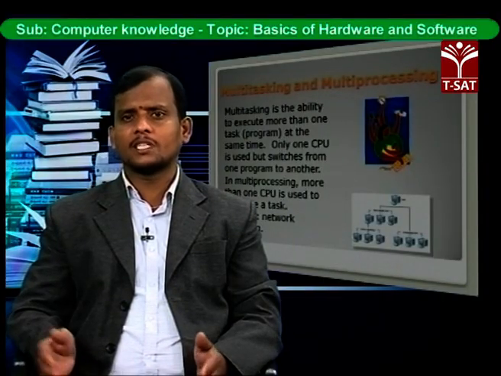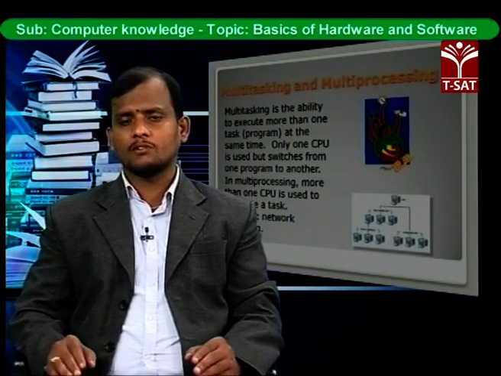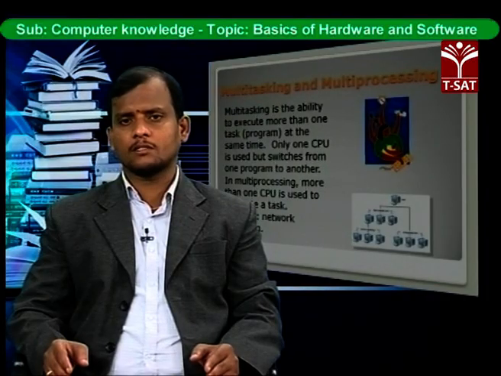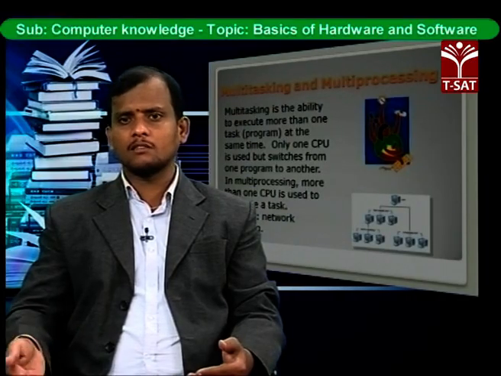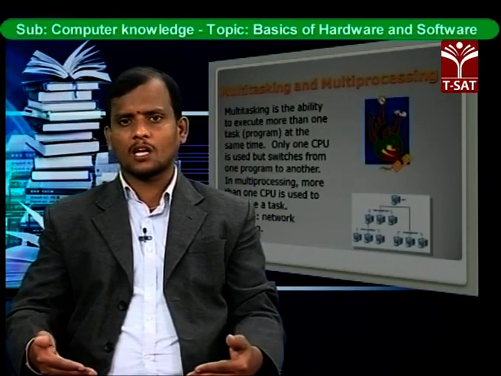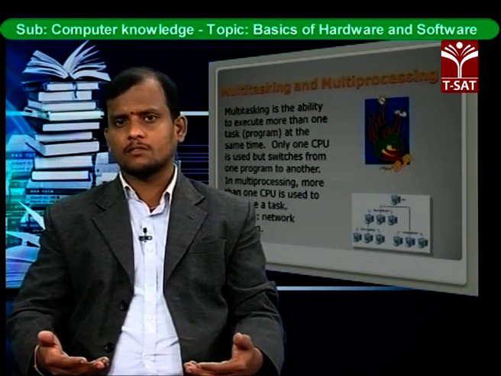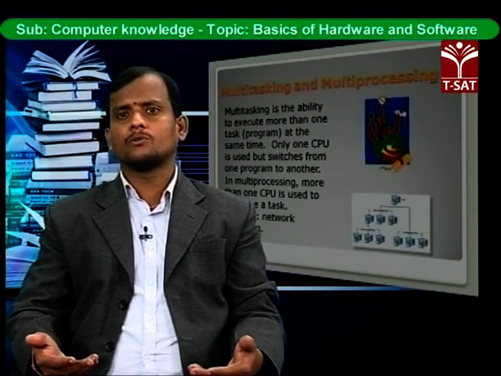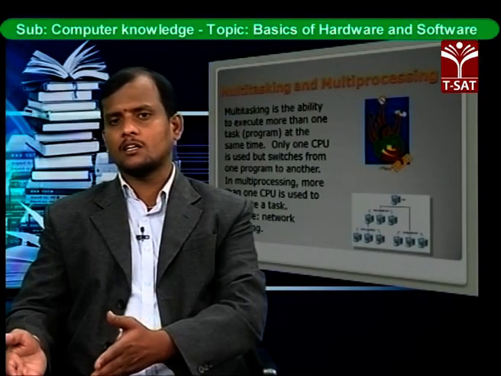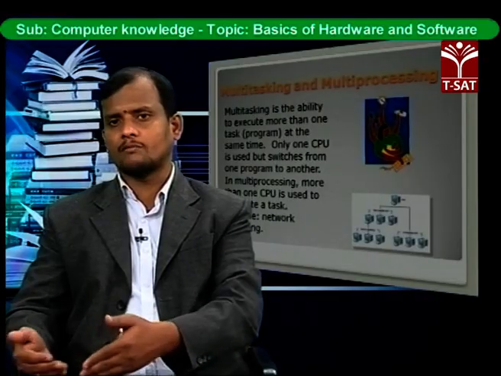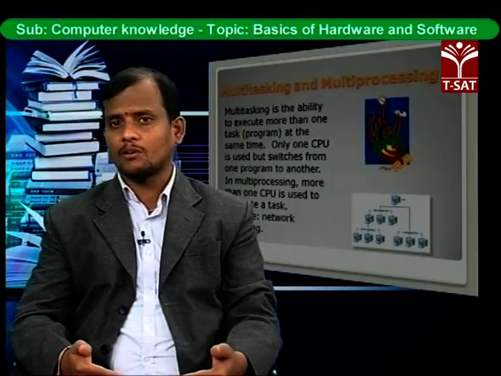So one CPU takes multiple inputs. For example, in your personal computer, you can open a video, you can browse Google. Parallelly the video is playing, and parallelly you are giving some instructions to the CPU. Suppose you open a notepad and type something, that is one execution, and parallelly you play a video, that is another execution, and parallelly you play some audio, that is another execution.